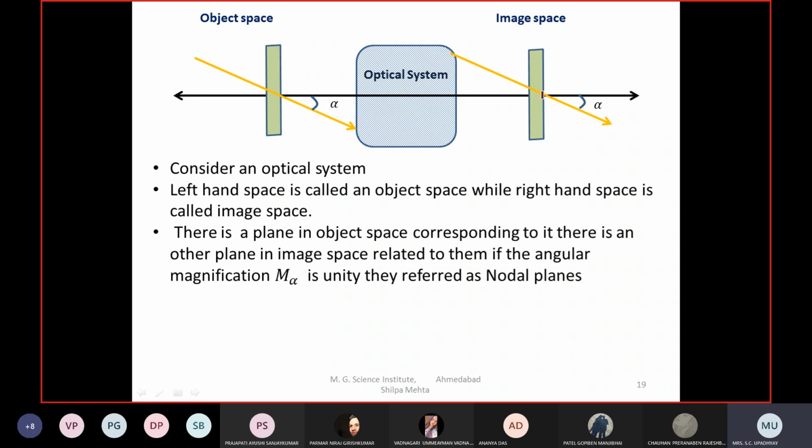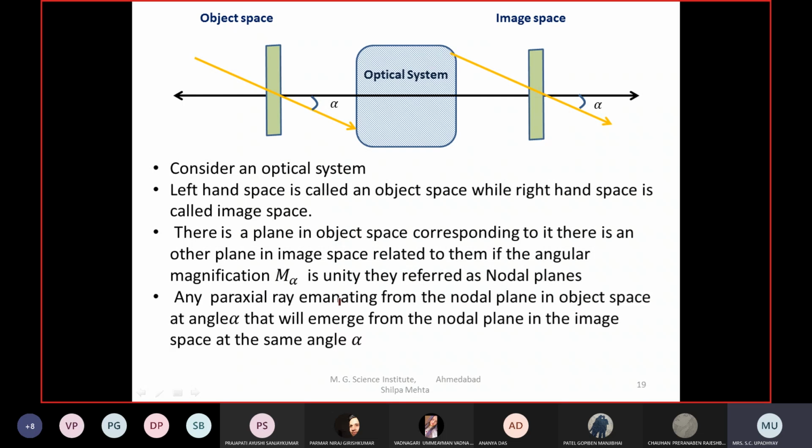So what should the angle on this second plane be? Alpha. Then we can say that corresponding to these two planes the angular magnification is unity. If both angles are the same, the angular magnification is unity.